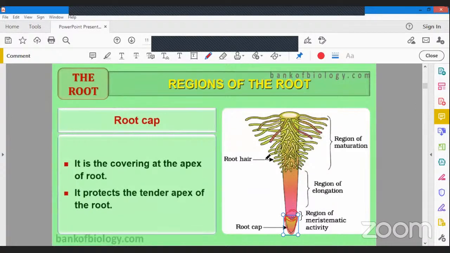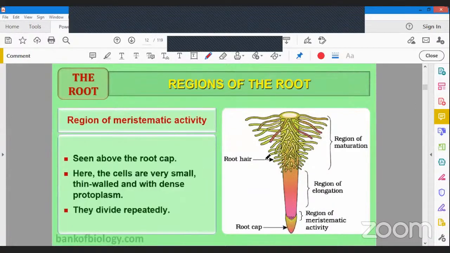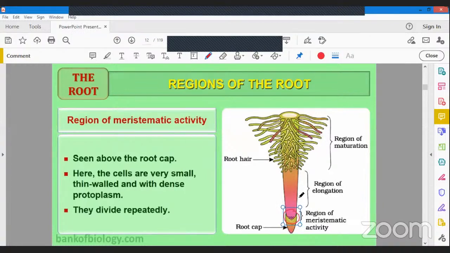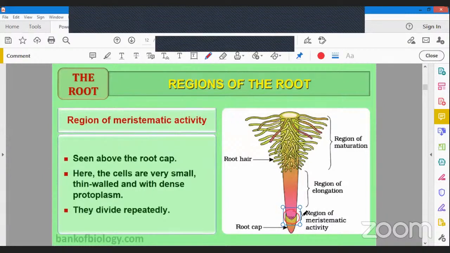Done. So let's see the next part. Region of meristematic activity. This is the region of meristematic activity. In this region, these cells will keep on dividing. It is found just above the root cap region. Here meristematic cells are found. Meristematic cells are those cells which will keep on dividing repeatedly.